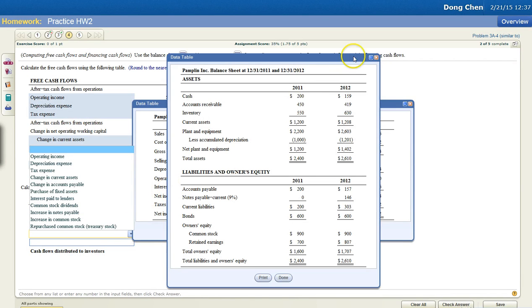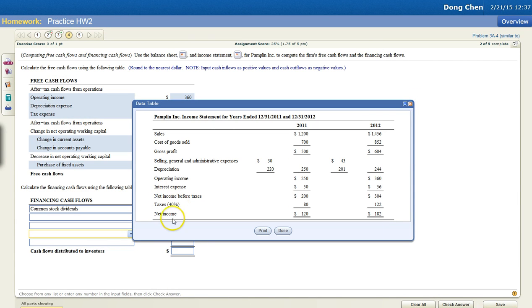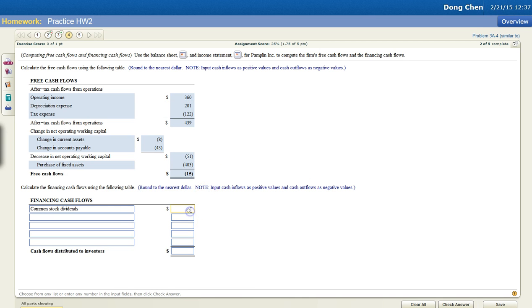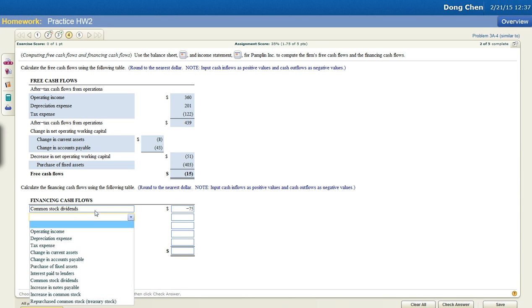But we need to provide the correct sign, right? Dividend is paid from the firm to the shareholders. So from the firm's perspective, that should be a negative cash flow or cash outflow. But then the second cash flow from the shareholders' perspective is the increase in common stock, right?